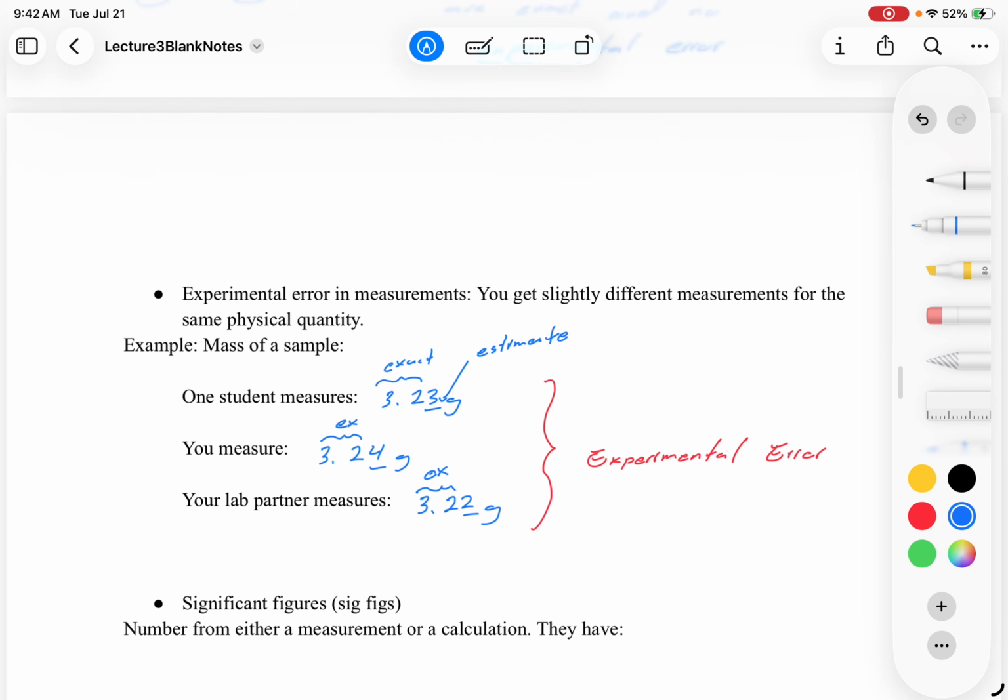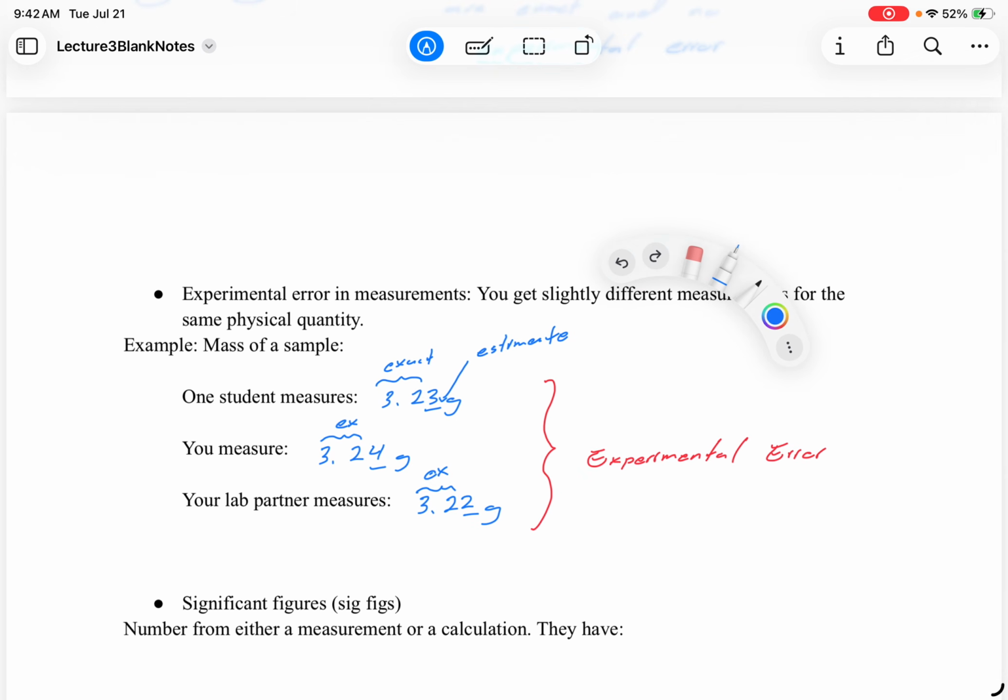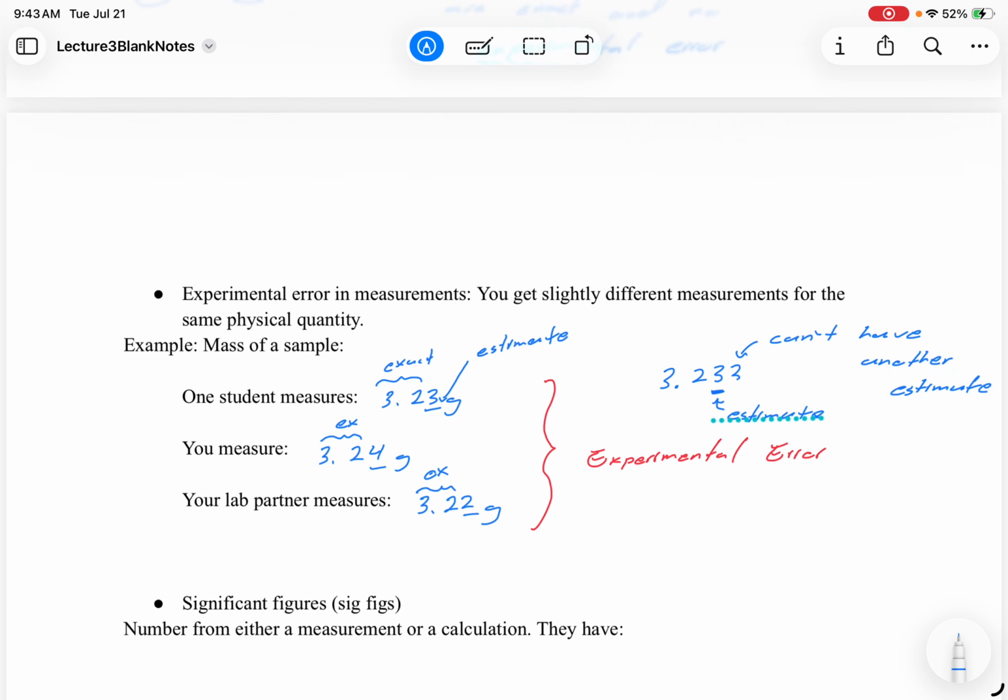You cannot have 3.233. If we are measuring with the same tool, and like I said before, this is your estimate, you cannot have another estimate to the thousandths place if you're only allowed an estimate to the hundredths place, like we are here in this set of data.